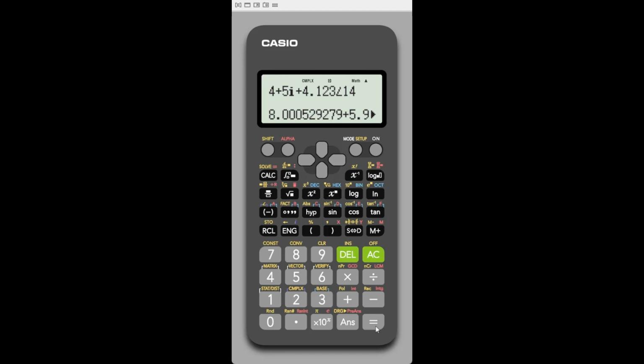So these are the four basic things that we can do. While we do these four operations, preferably we do addition and subtraction in rectangular form. Similarly, we can do the multiplication and division in polar form, which is much more convenient.